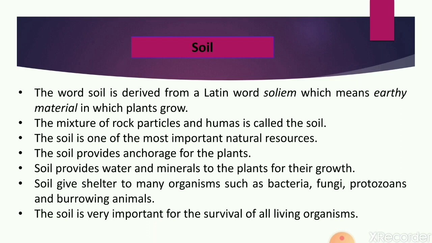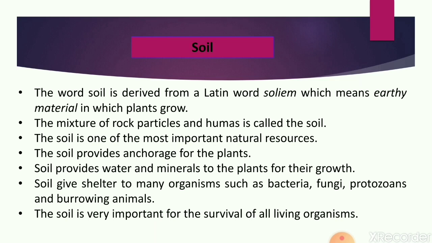So soil is the most important thing in which the agriculture process takes place, and just because of this we get the crops also. Soil is also a shelter for many organisms, as we know.